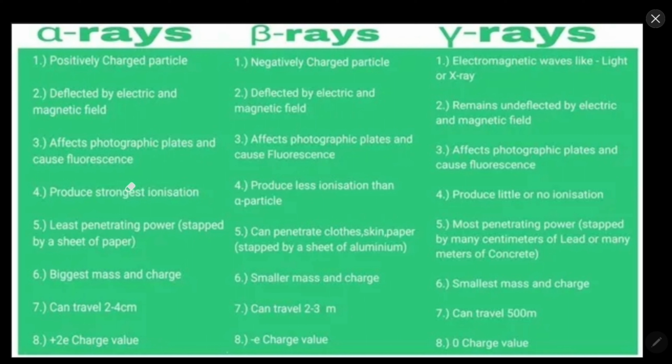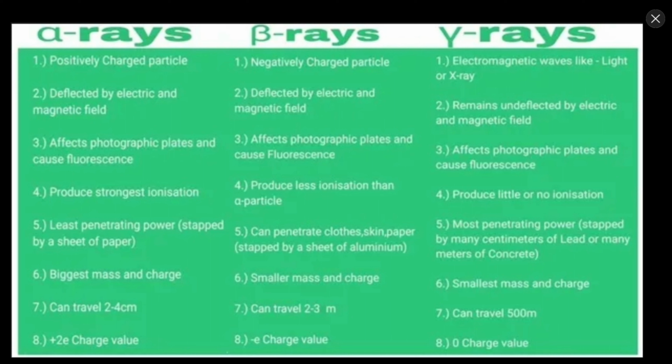Alpha produces strongest ionization, gamma produces very little ionization, and beta rays produce a bit of ionization. So what is ionization? It means that when alpha particles collide with the nucleus or atom, then it ionizes it. Either it becomes positive or it becomes negatively charged.